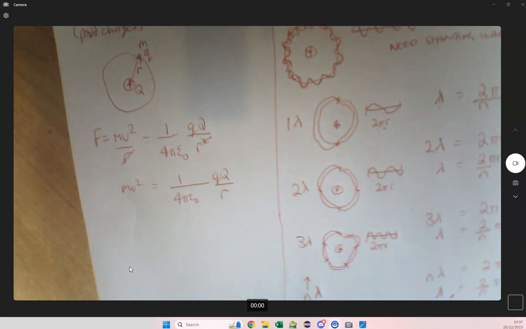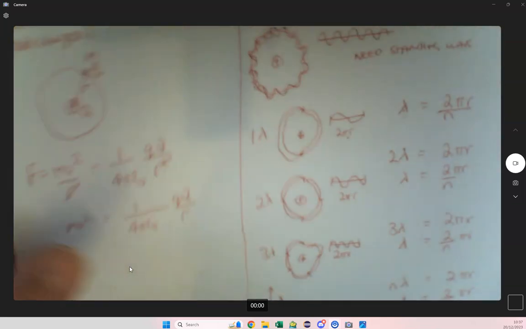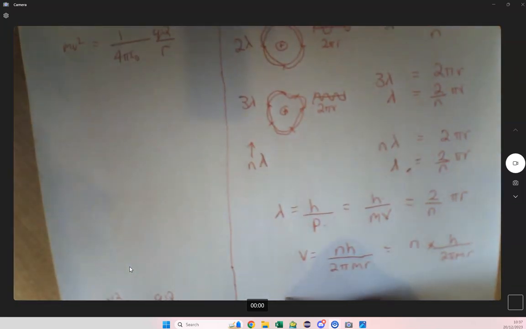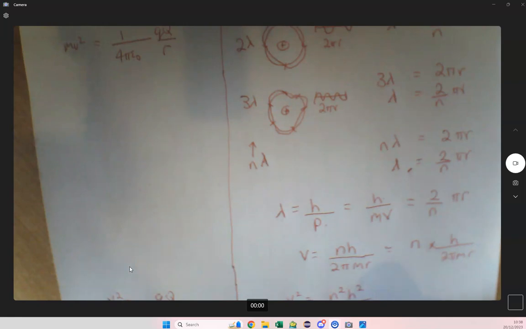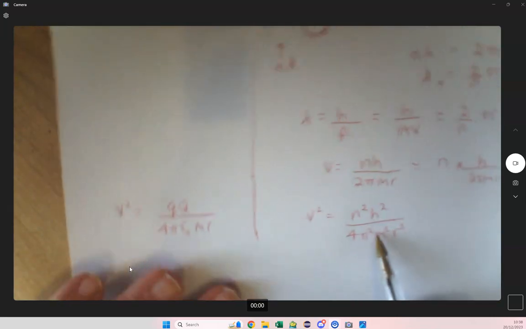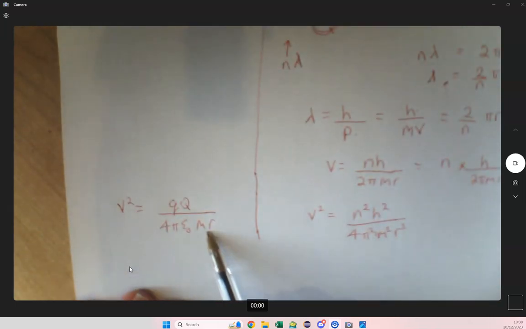But over here I can now get v squared as well. So I know from here that v squared must be equal to n squared h squared upon 4 pi squared m squared r squared. So this must be equal to this.